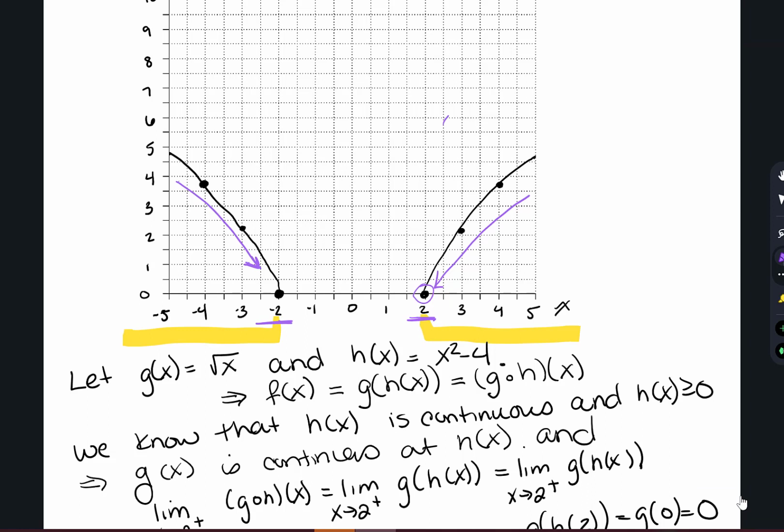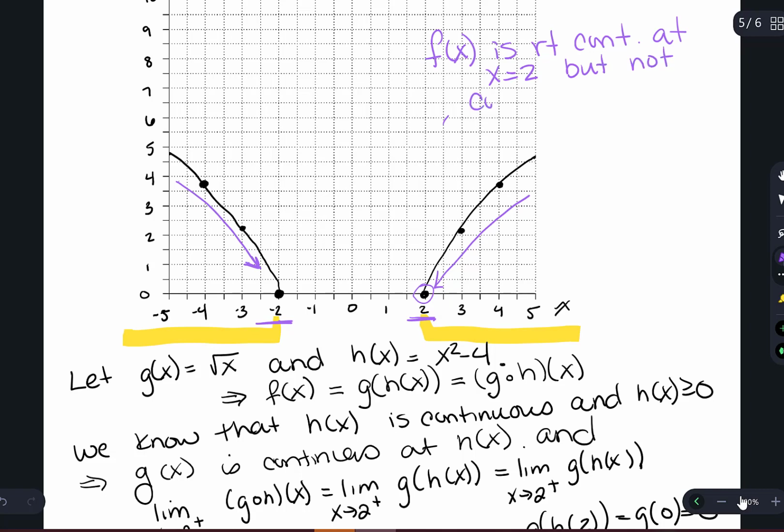So in other words, to say that again, f of x is right continuous at x equals 2, but not continuous.